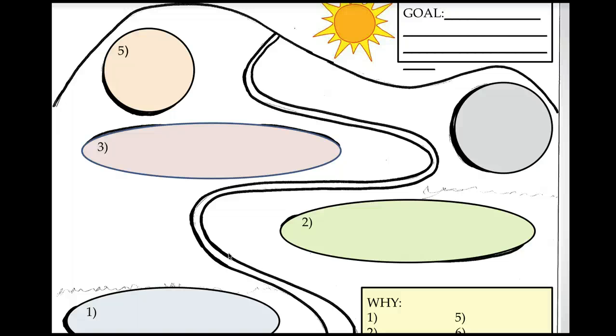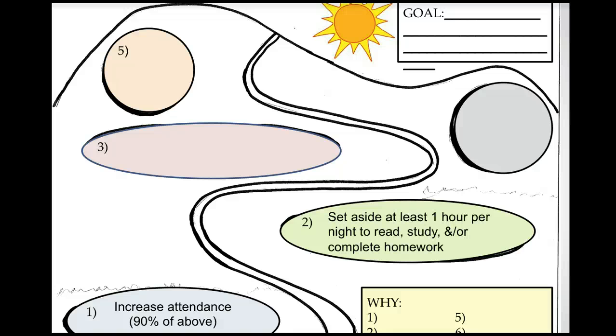So if our goal is to, let's say, maintain a 3.0 grade point average for this quarter, we need little steps, baby steps, to get us there. So maybe we are going to want to increase our attendance to be there 90% of the time or above. Maybe we will want to set aside an hour a night to read and study or complete homework, whatever the case is.